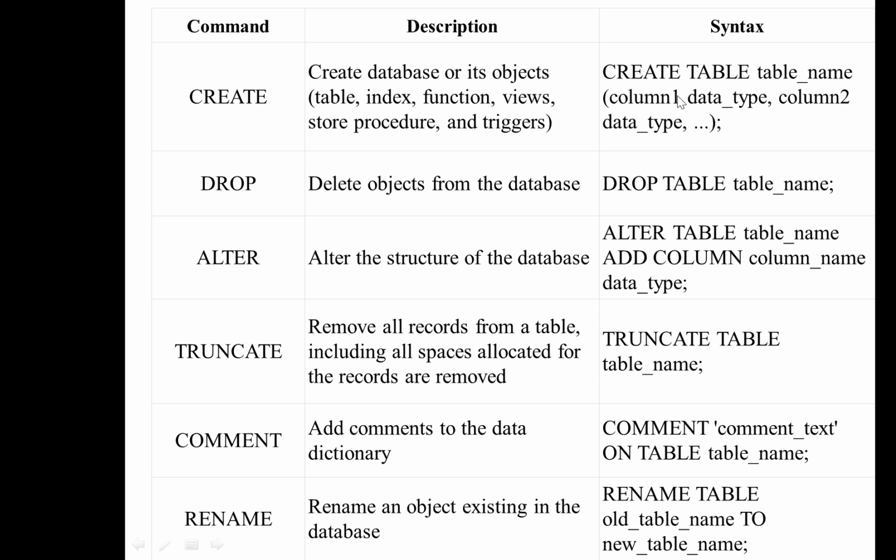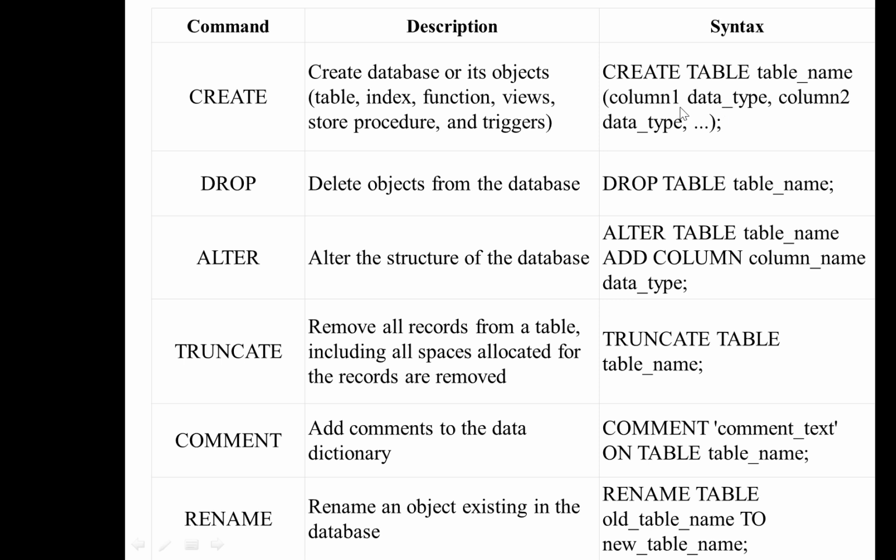Then column 1. What is column 1 which is going to be displayed under your table? The data type which is going to be declared here, and the next one, a comma, separates the first column and the second column.